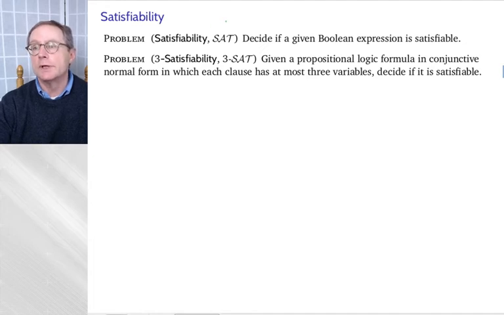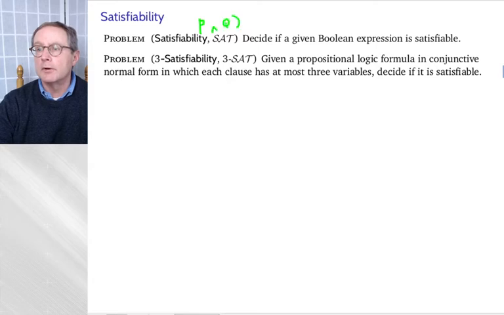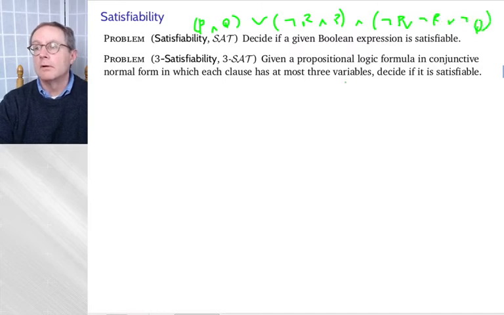So if I give you some Boolean expression, how about P and Q, or not R and P, and not P, or not R, or not Q. Some kind of propositional logic expression, and I'm asked, is there a value for P and Q and R that would make that entire expression evaluate to true? And maybe P is true, Q is false, R is true, whatever it is.